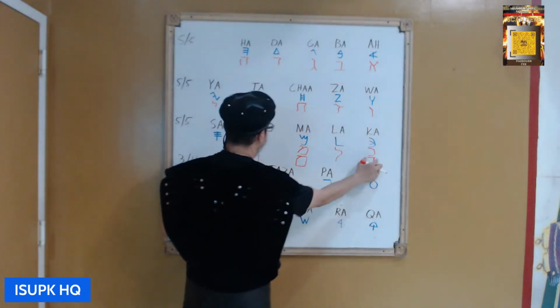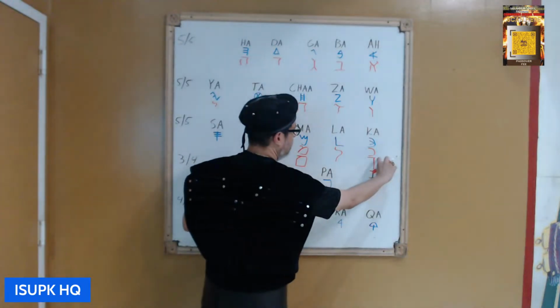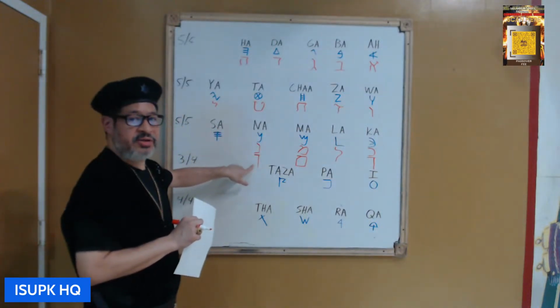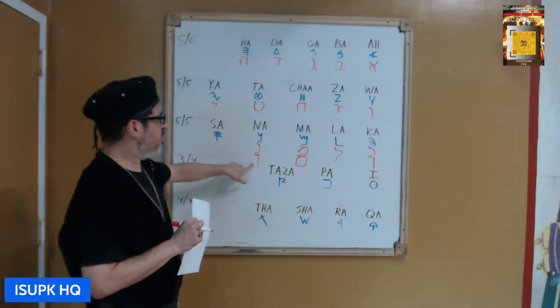You see how extended this is? You see it's shorter than the ka, and it's also long. This is also long. So whenever you see this at the end of the word and you see a real long character, that's because it's at the end of the word and it's using the secondary characters.